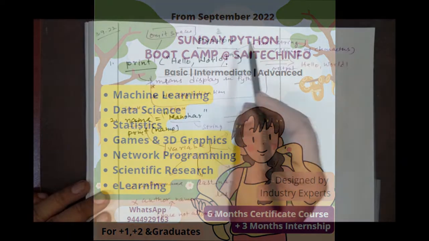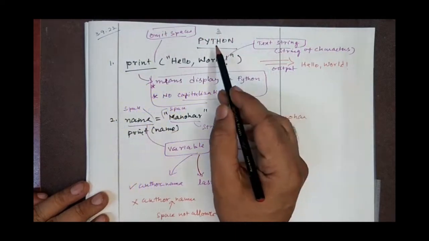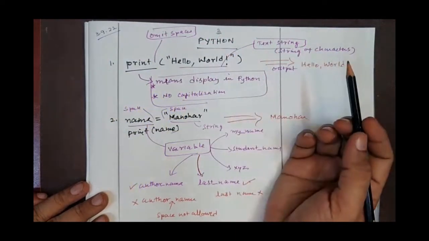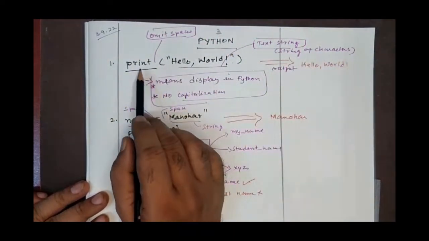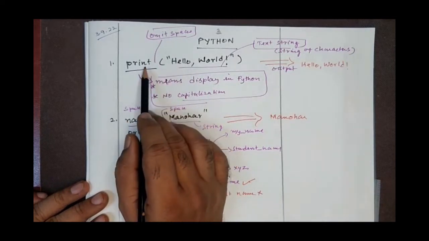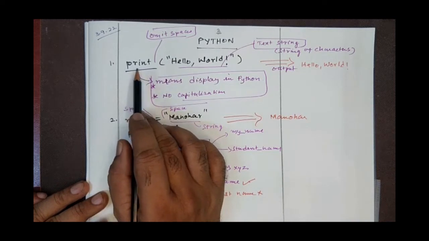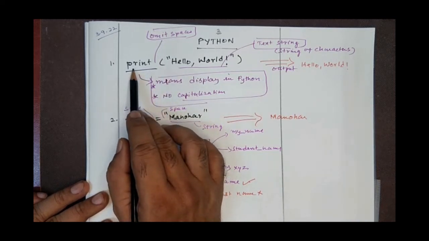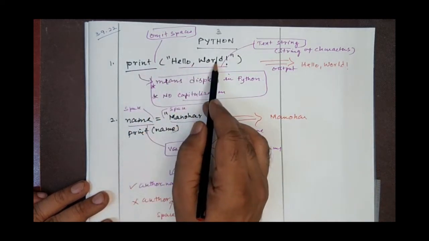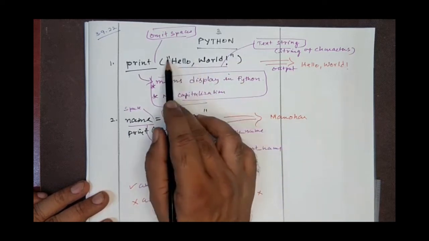Let me give a brief introduction about Python. The main command of Python is to start with print. Print "Hello World" within the parenthesis and within the quotes.